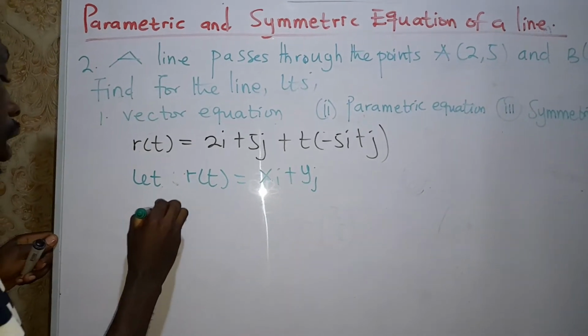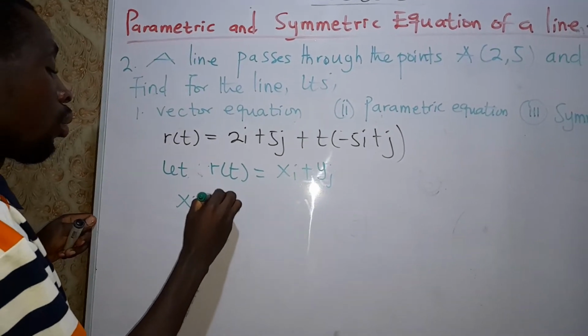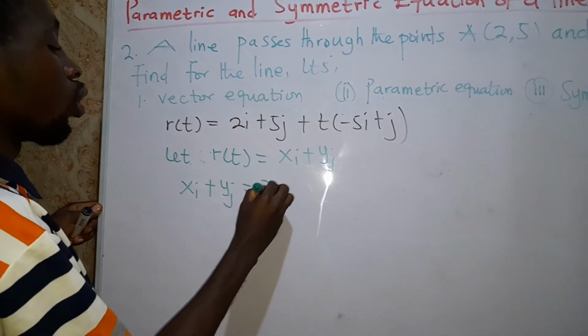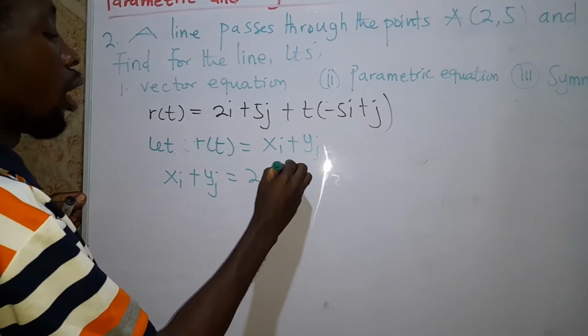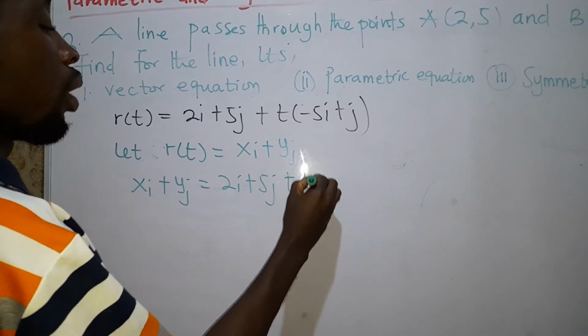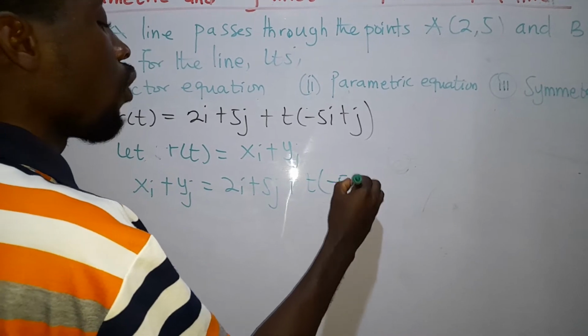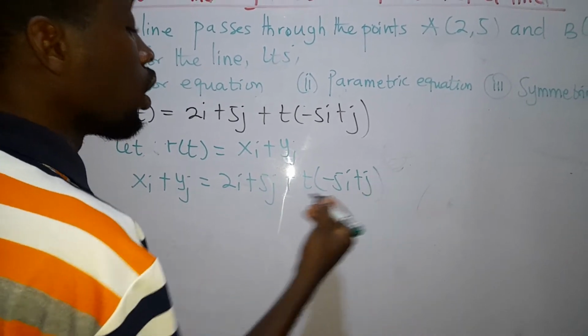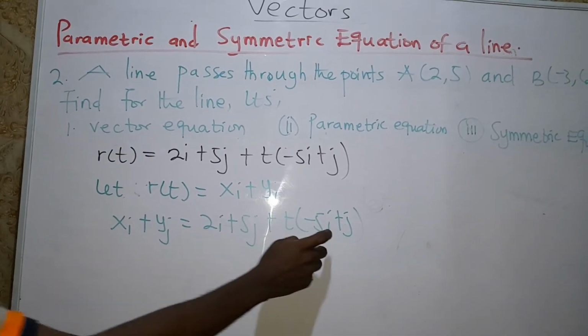Then we can say our xi plus yj will equal 2i plus 5j, then plus t times the bracket -5i plus j. Now we can expand this.